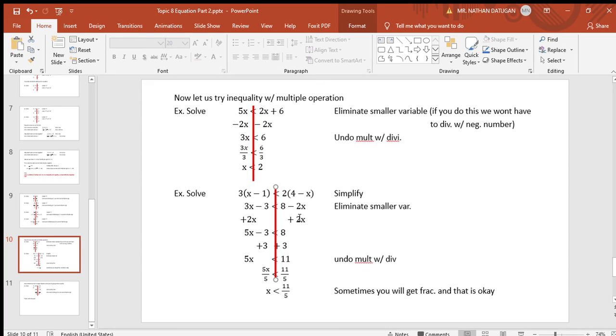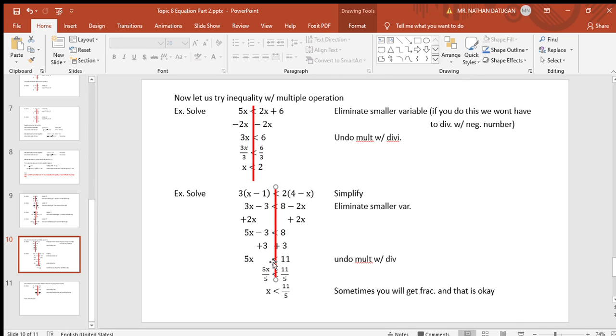We're going to get 5x minus 3 is less than 8. And then we want to get rid of that constant term by adding 3. 5x minus 3 plus 3 is 5x, and 8 plus 3 is 11. 5x is less than 11.